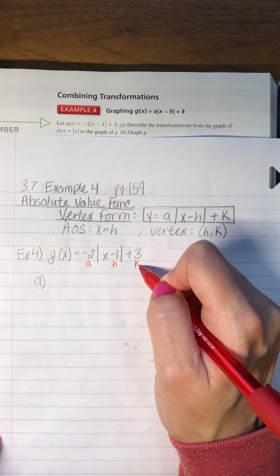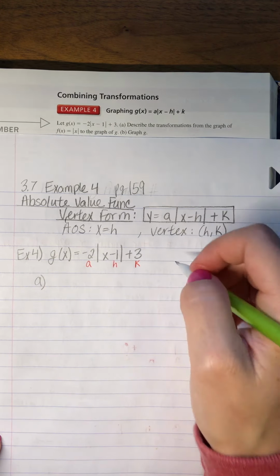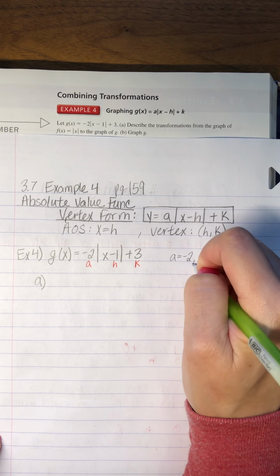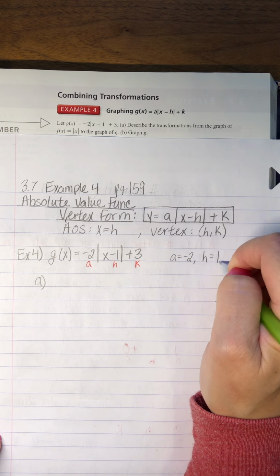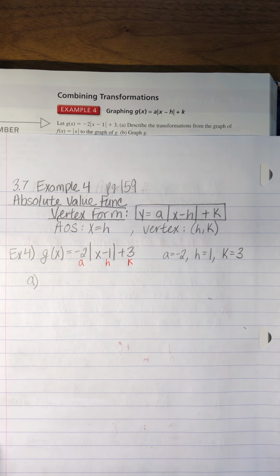And then our K value over here is 3. So I can even write that down here. Our A is -2, our H is +1, and our K is +3, if that helps you to write it out.